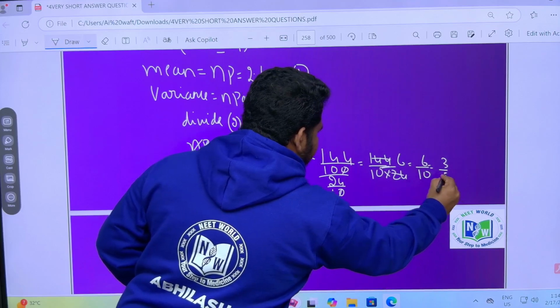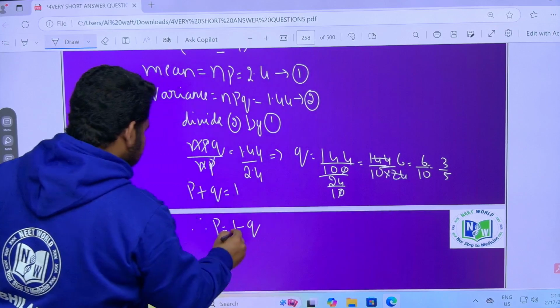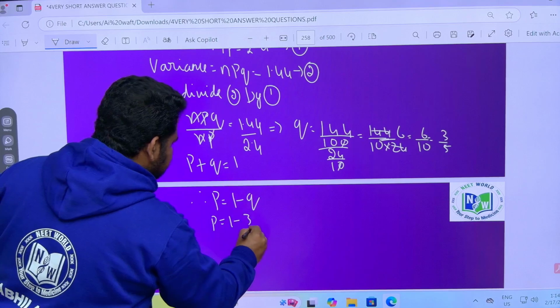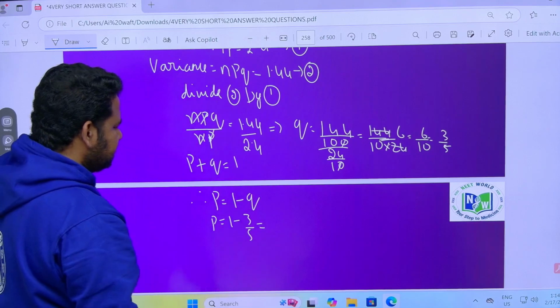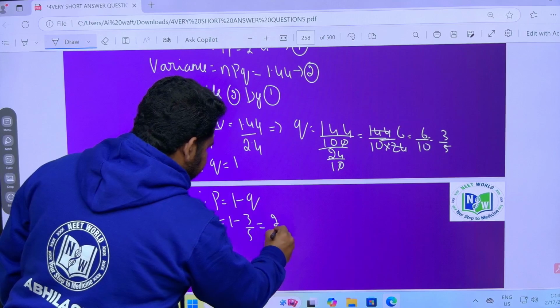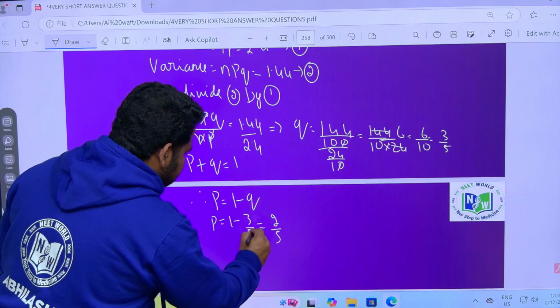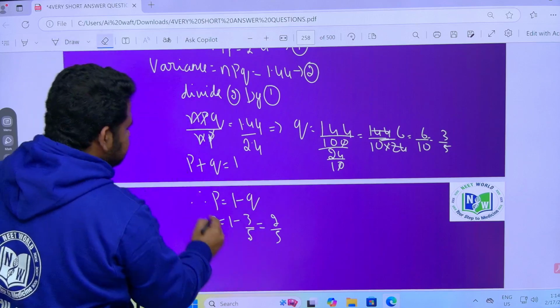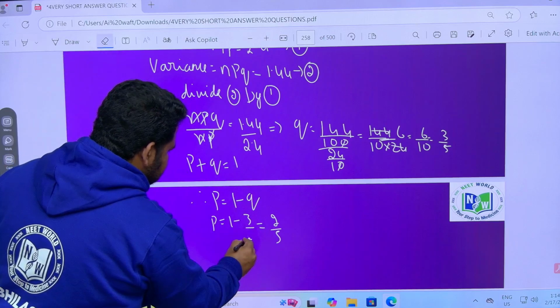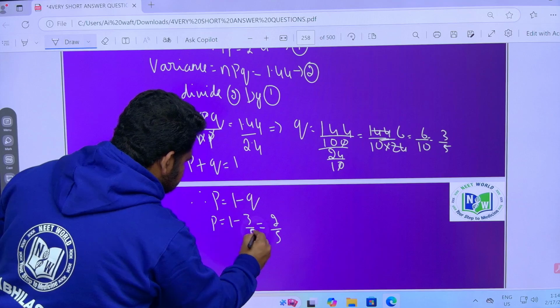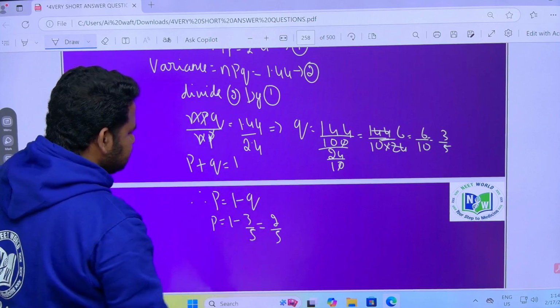So the q value will be 3 by 5. So p will be 1 minus 3 by 5, that is 5 minus 3 divided by 5, equal to 2 by 5. P we got as 2 by 5.